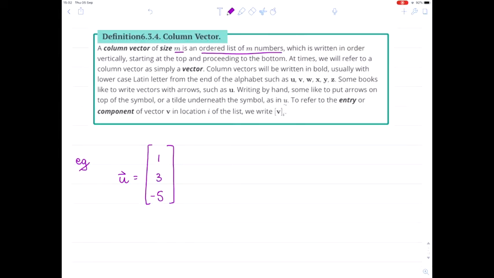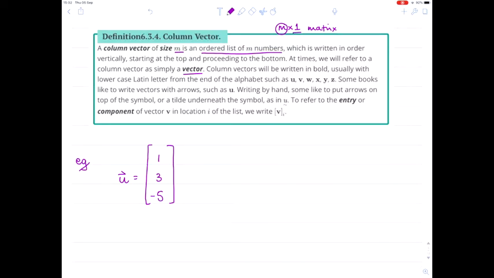The one thing that the textbook doesn't say, but that you could realize, is that really a column vector is an m by 1 matrix. It's just a special kind of matrix which has m rows and only 1 column. But because we end up using column vectors a lot, this is why they get their own notation. For the moment, we might even just refer to it as a vector.